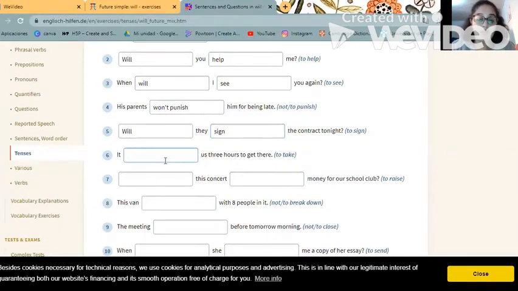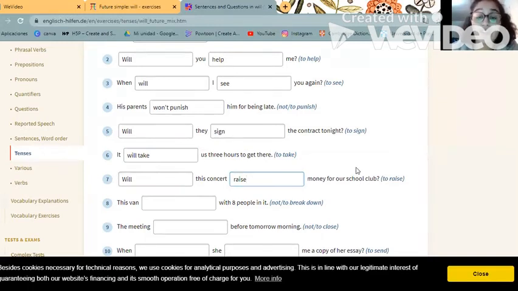It will take us 3 hours to get there. Will this concert raise money for our school club? Remember what I said before, that the subject can be replaced by a pronoun or by something. For example, in this case, we have this concert, that is an it.